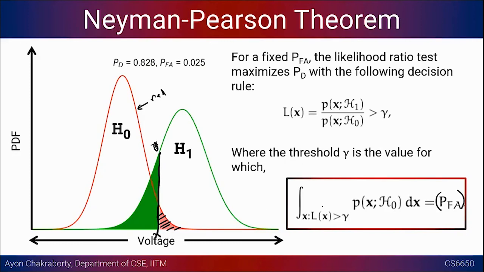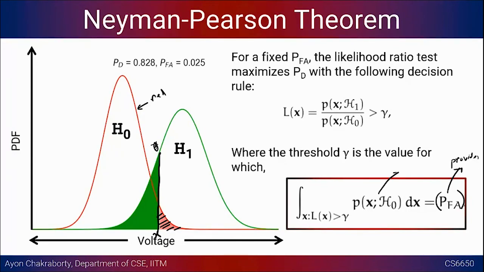So with the definite integral, I am trying to find out where it should start from, what the starting point x is, such that the integral of P(x given H0) dx is equal to PFA. This PFA is provided, 2% or 5% or whatever area you want from the system.